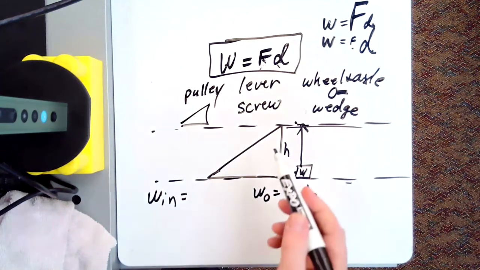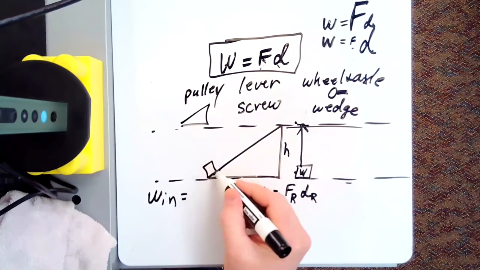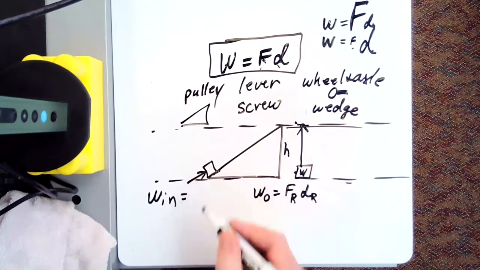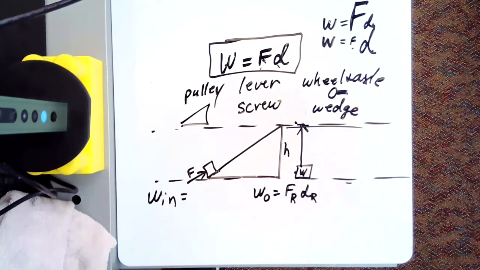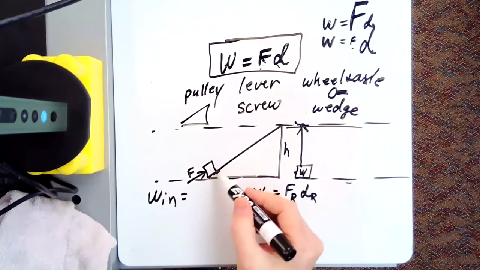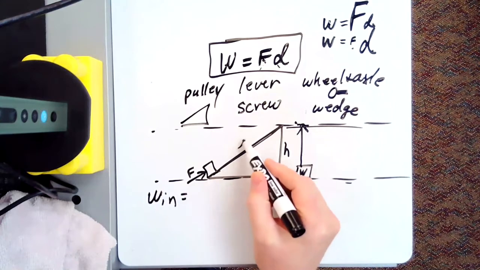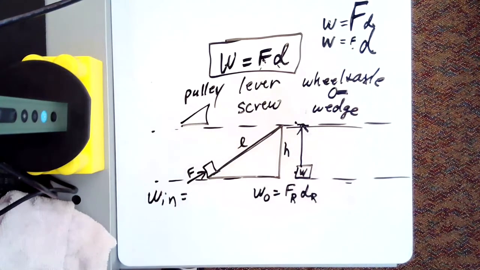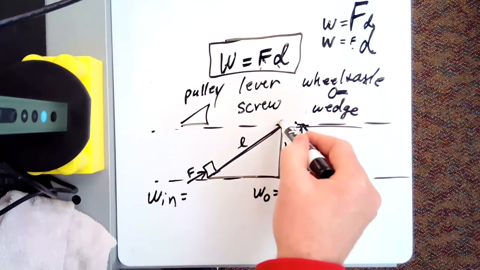So what I can do instead is I can take this object and I can push it up the inclined plane. So here's my force. It's not directly straight up. It's actually at an angle, right? And I could push it how far? Well, I'd push it the entire length of this ramp, right? And I'm going to get to the same place, okay?